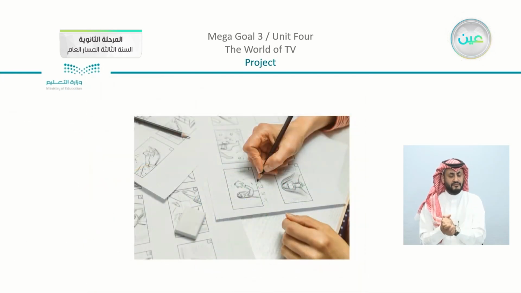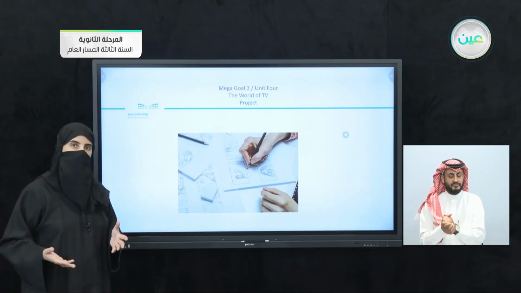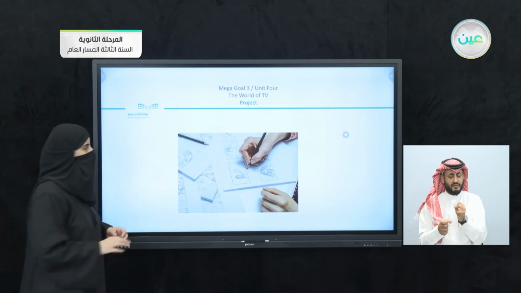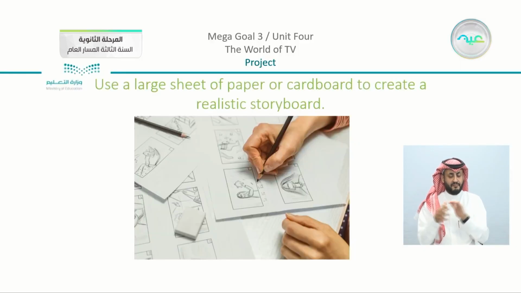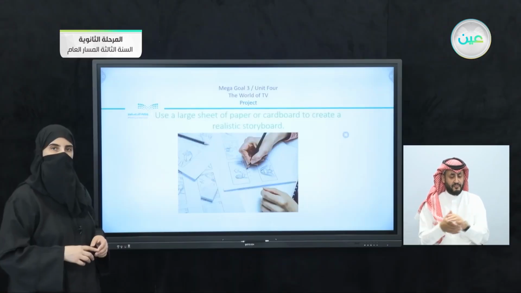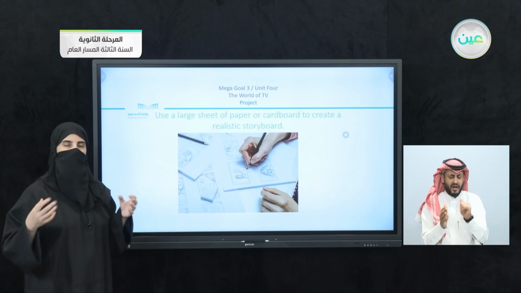Of course, instead of starting immediately with the storyboard, we are going to do something very simple at the very beginning. We are going to use a large sheet or cardboard to create a realistic storyboard. So it's not just using a small sheet or a simple piece of paper.